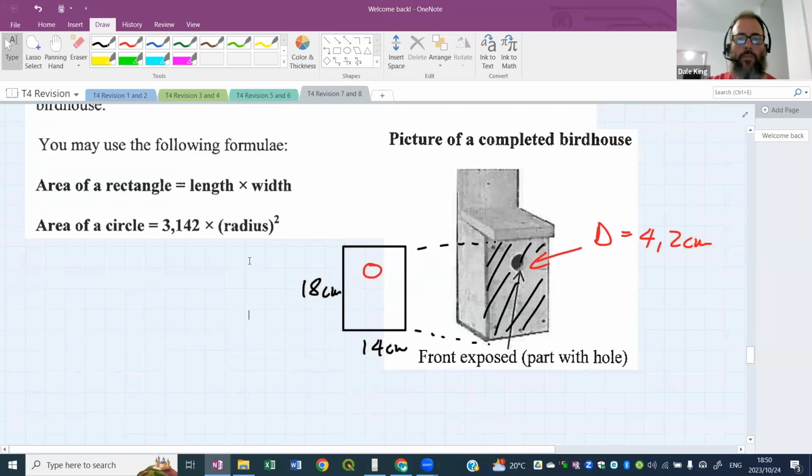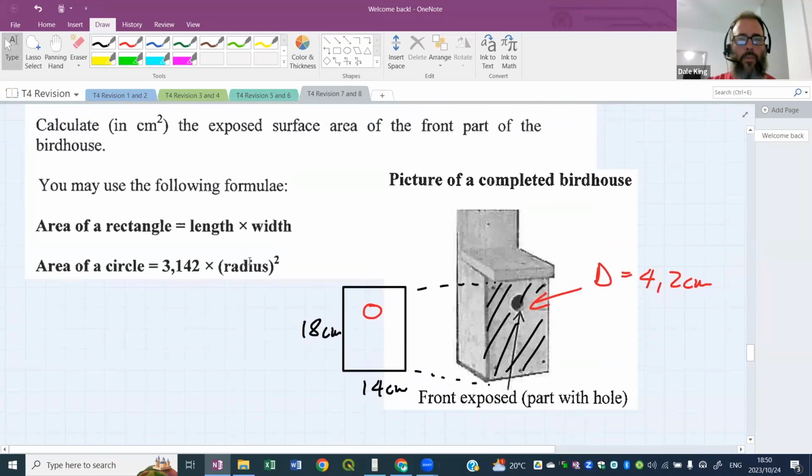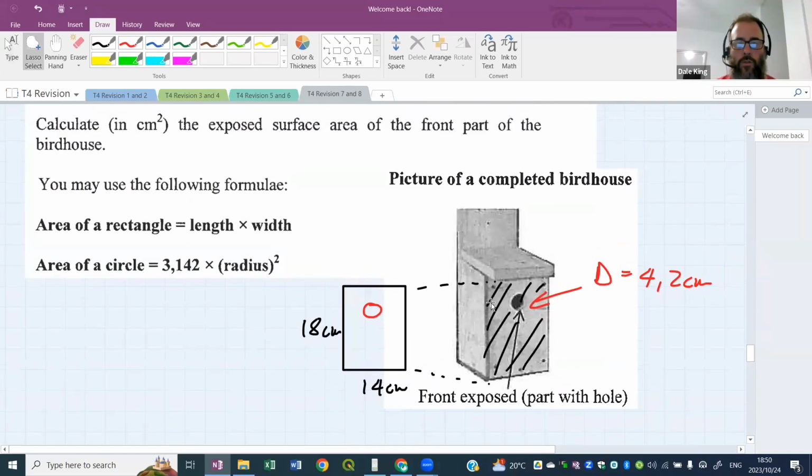Okay, so there's all the information. We've got this birdhouse. There's a front panel with a hole in it. They want to know what is the area of this front panel that I'm highlighting here. What is the area of that piece of wood? And they want it in centimeters squared.